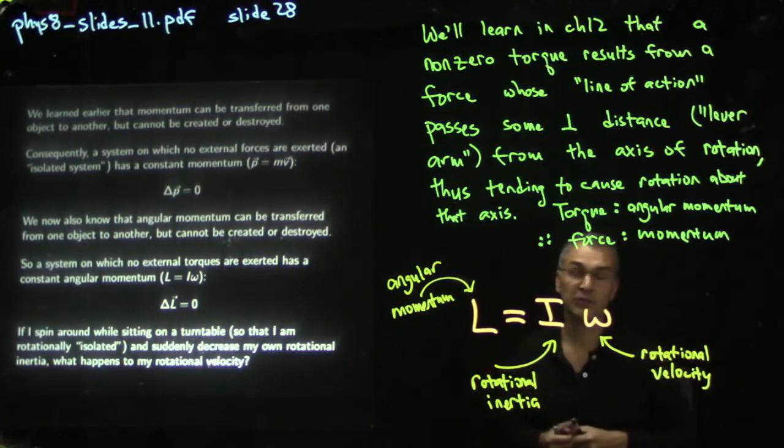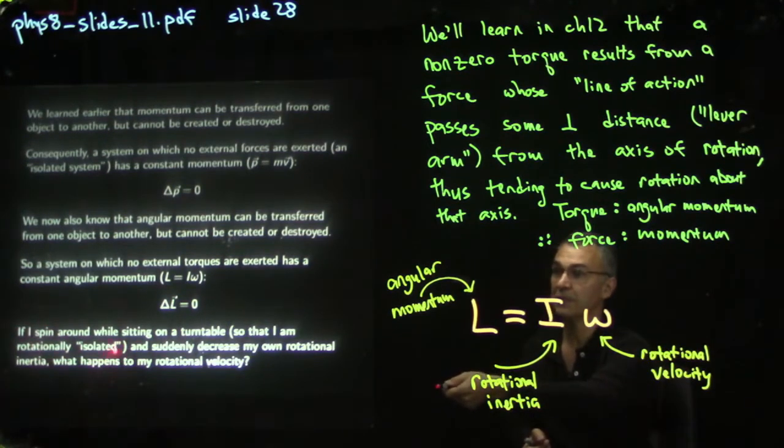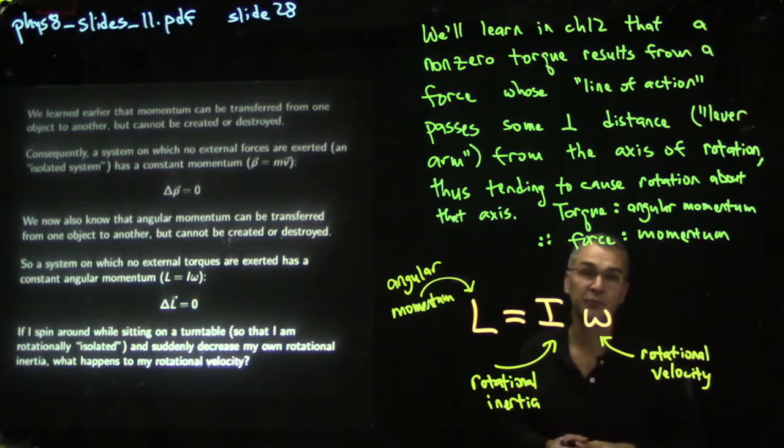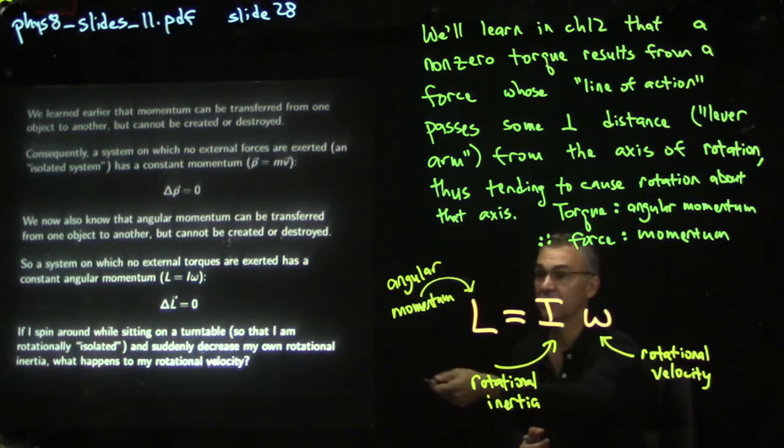Another possible external torque that would make me not rotationally isolated would be if my feet touched the floor. So you'll notice that I keep my feet where they cannot contact the floor. But if I did contact the floor with my feet, then I would no longer be rotationally isolated.